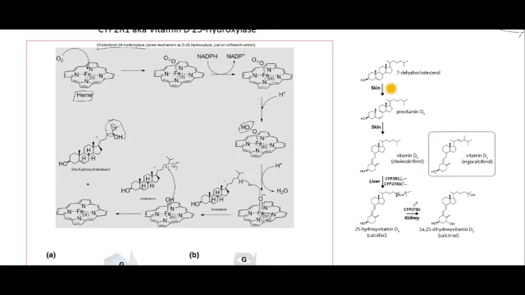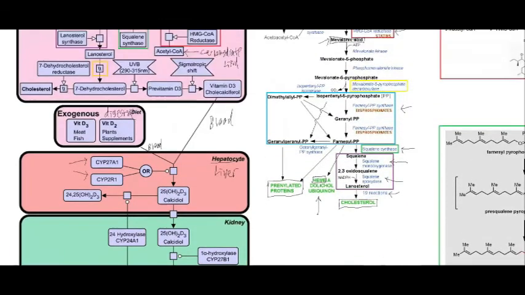It'll go to the kidney. And so this extra step, this extra hydroxylation, adding a hydroxyl here, can be done in the kidney, and that's just a different form of vitamin D3, which we saw up here.